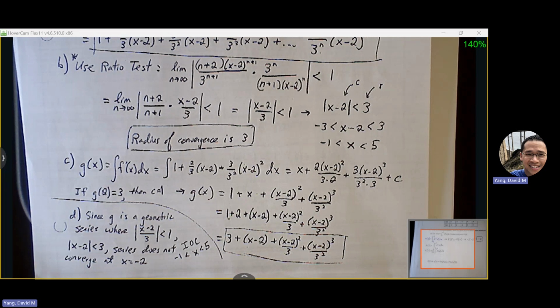You should be able to solve for c. You should be able to get your c value to be equal to 1. Yeah, since g of 2 equals 3, then c equals 1. Replace it with 1.